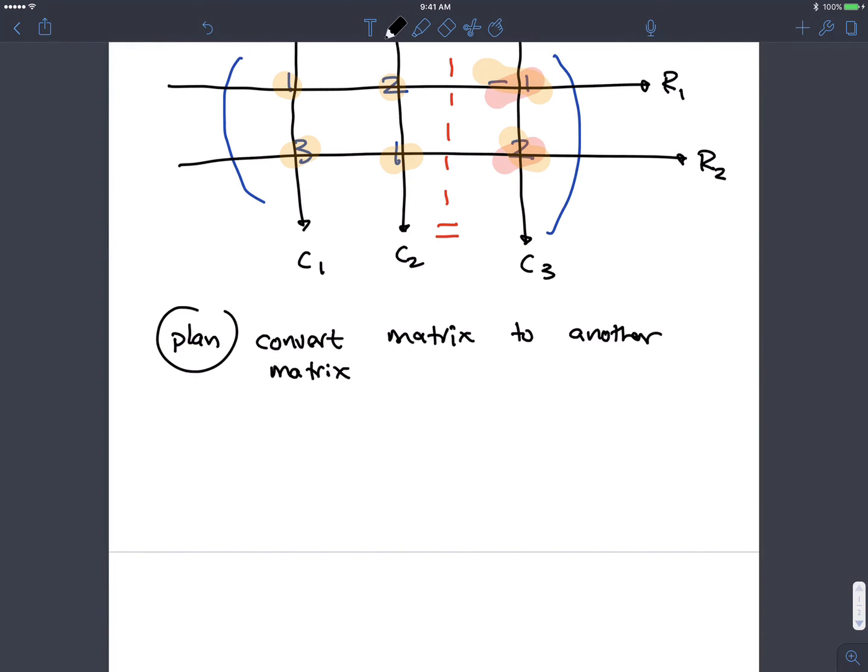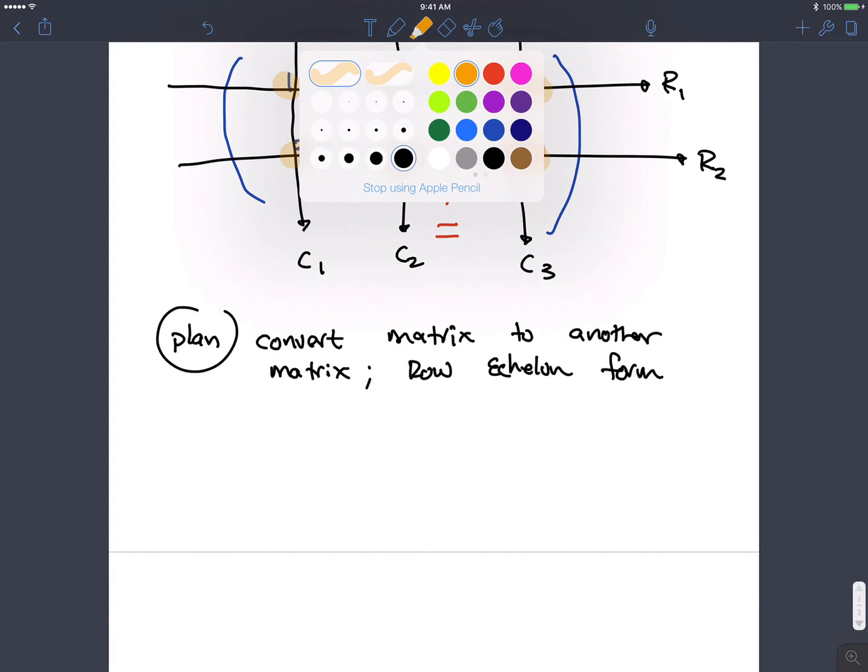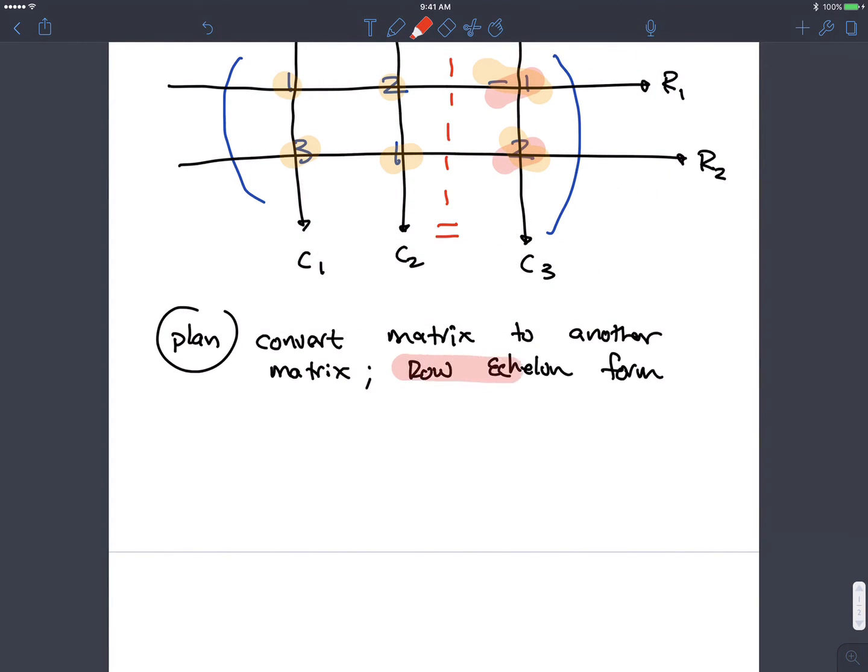So you're going to convert your original augmented matrix to another matrix, and this second matrix is one that is known to be in row echelon form.